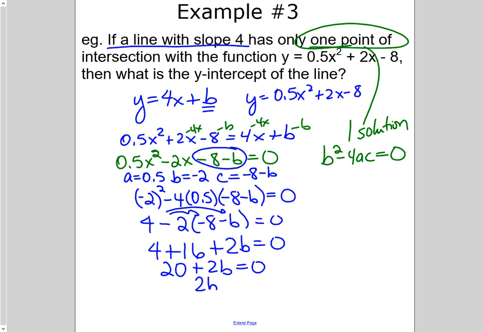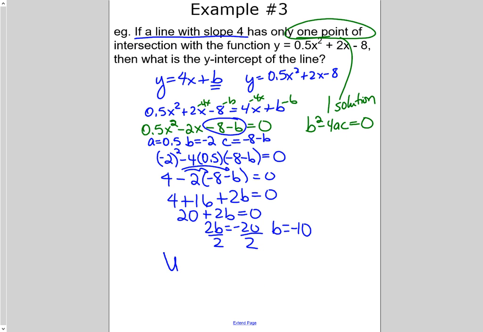I'm going to move that 20 to the other side, and it becomes -20. Divide by 2, divide by 2, b equals -10. So then what is my y-intercept of the line? Well, my y-intercept equals -10.